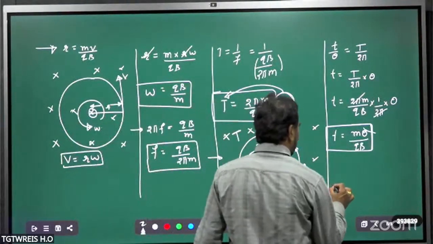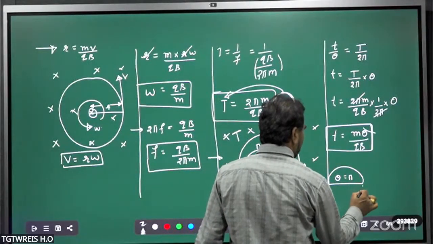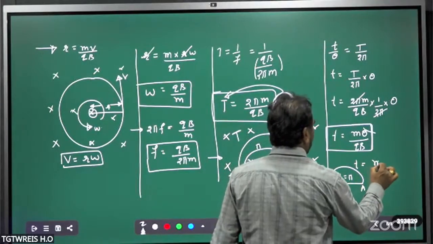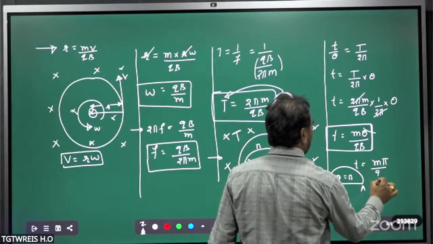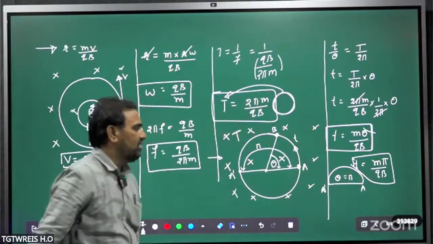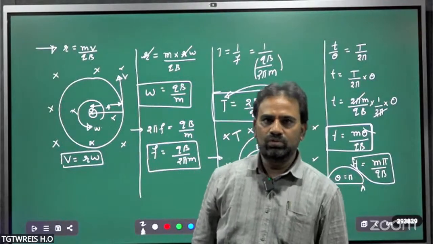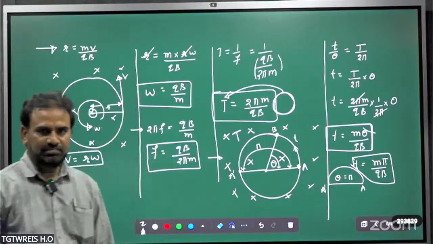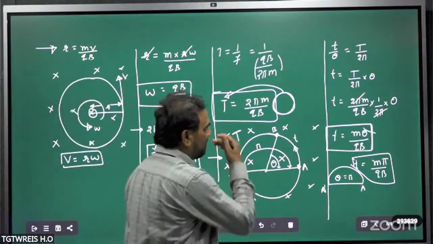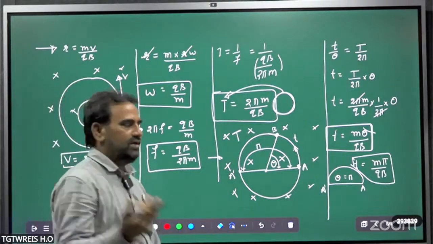The time taken by the charged particle to complete a half circle, where theta is equal to pi. How much time does it take for A to A dash? t dash is equal to m pi upon qB. This much time it will take to complete the half circle. Is it clear? These are the different parameters when a charged particle enters a uniform magnetic field of induction B.